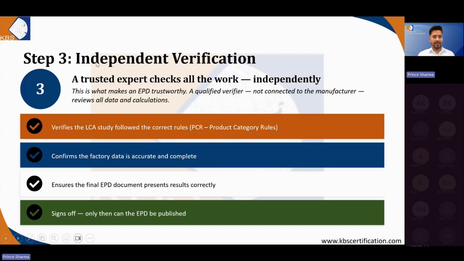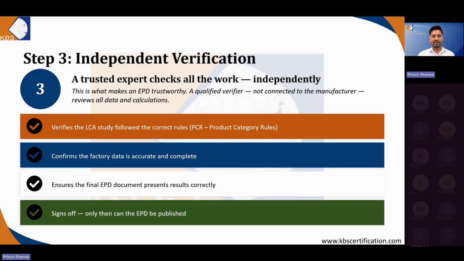So what will an independent verifier check? He will check if your LCA report is aligned with the PCR or not. He will be confirming whether your factory data is accurate and complete, whether it is aligning with all the principles of the LCA, and then ensure the final EPD document presents results correctly.